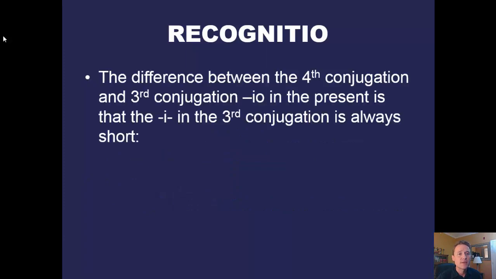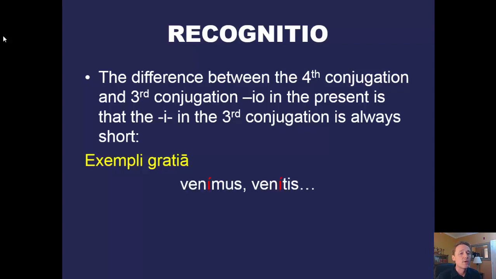Continuing our review, the difference between the fourth and third conjugation -io in the present is that the I in the third conjugation is always short. So let's look at some examples. In the first person plural and second person plural of the fourth conjugation, you can hear that I is long, such as venimus, venitis.